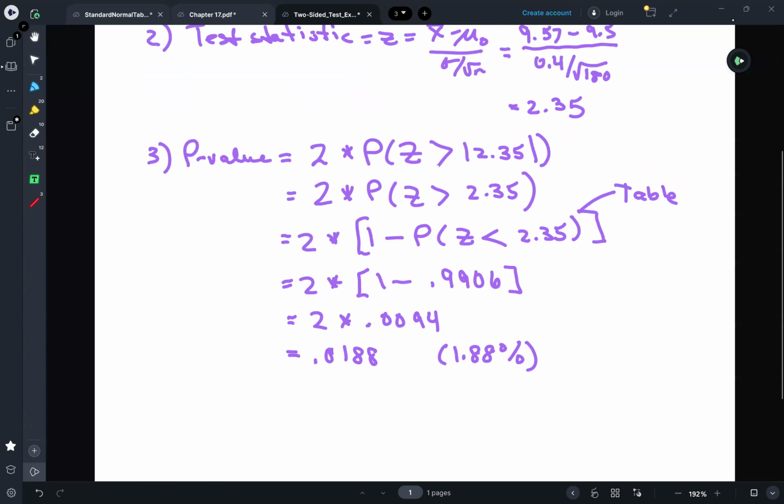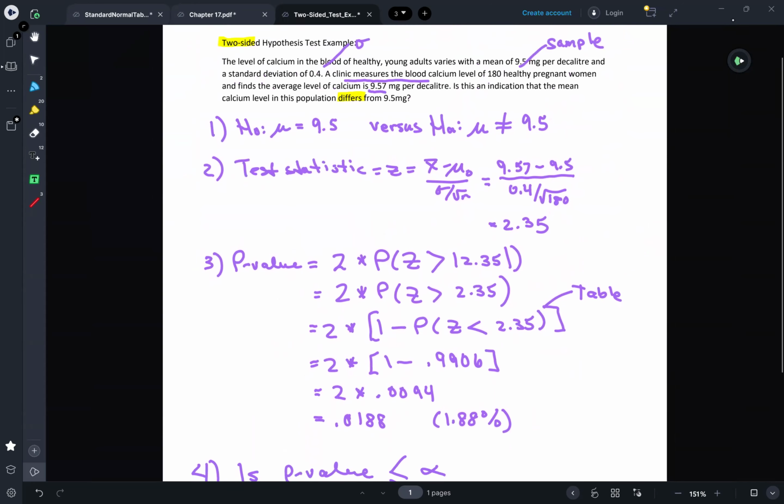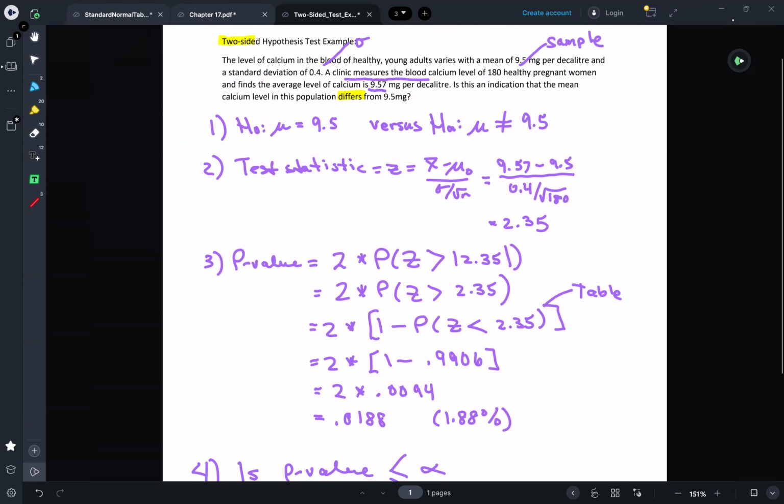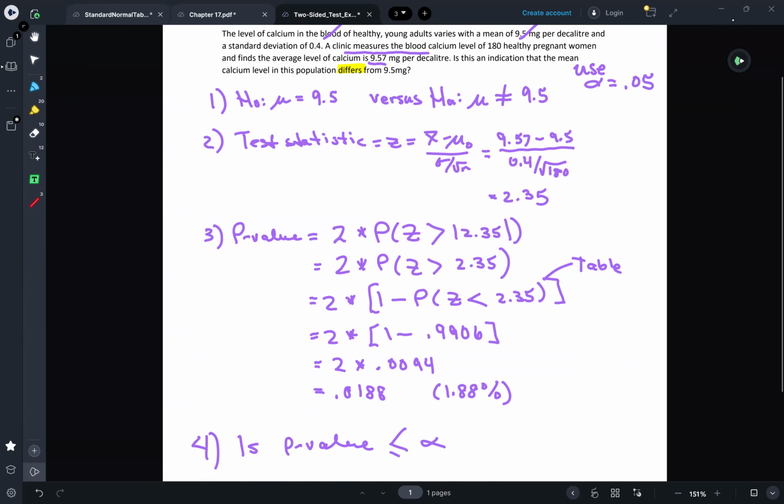And then we go, okay, now we need to make a decision. Is the p-value less than or equal to alpha? And we're going to use alpha at 5%. I'll put down here, use alpha equals 0.05 or 5%.